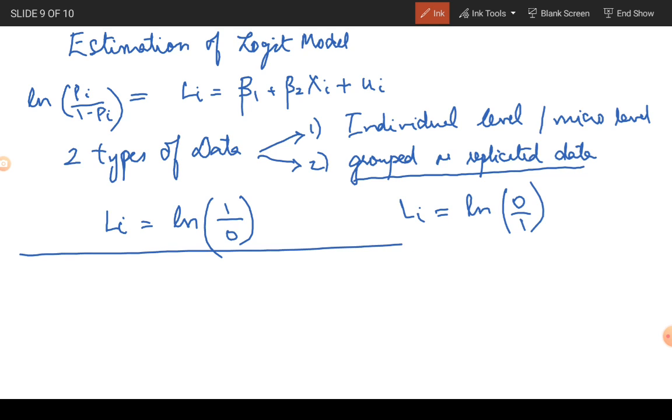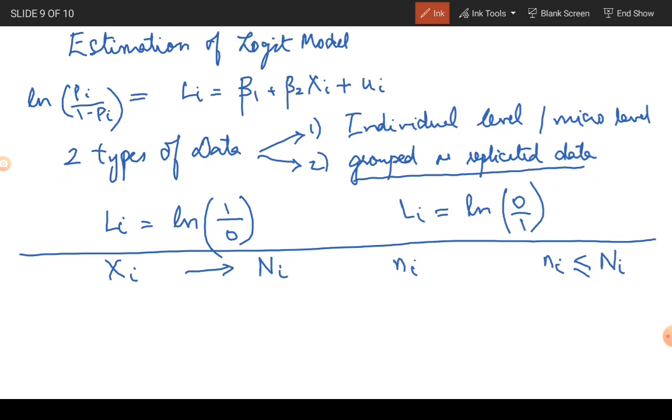So in the case of grouped data, we will have a large number of families belonging to the income level xi. So if we have a total of capital Ni families who have income level xi, and among them small ni represents the number of homeowners. So you will always have ni being less than or equal to capital Ni.